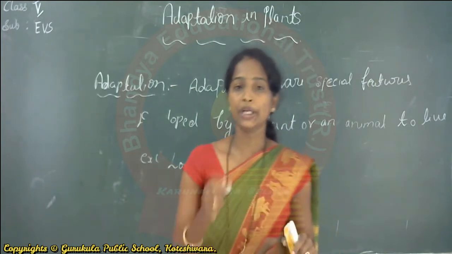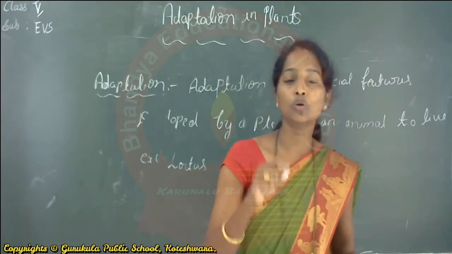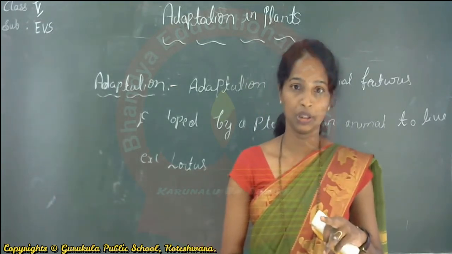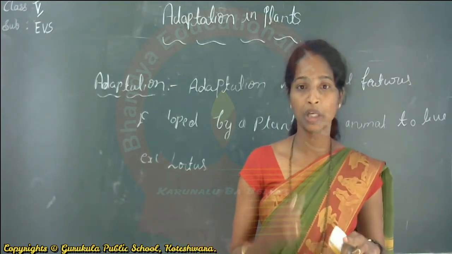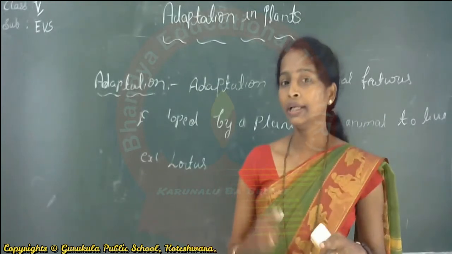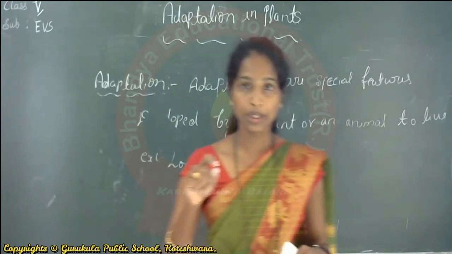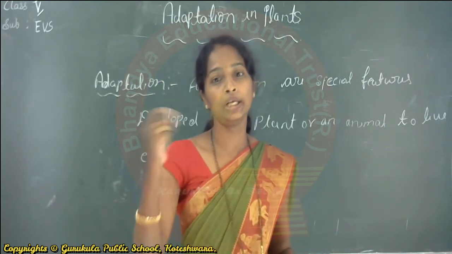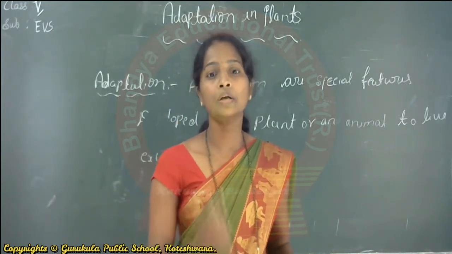It adapts itself to grow and live in water or a pond. Can you understand, children? The lotus plant adapts itself to grow and live in water or a pond.